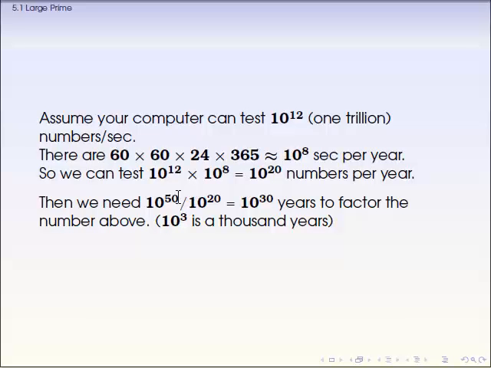So we only need to check up to 10 to the 50 of them. And we could calculate up to 10 to the 20 numbers per year. So if you divide, we need 10 to the 30 years to check whether the given number is prime or not. And 10 to the 3 is 1,000 years.